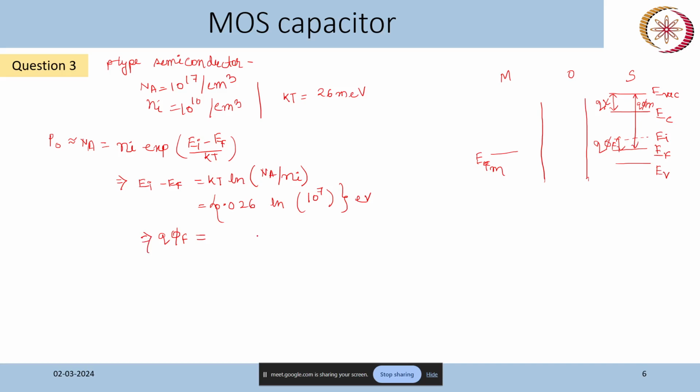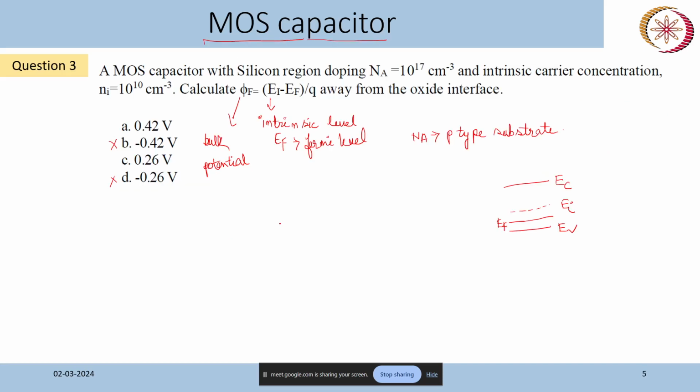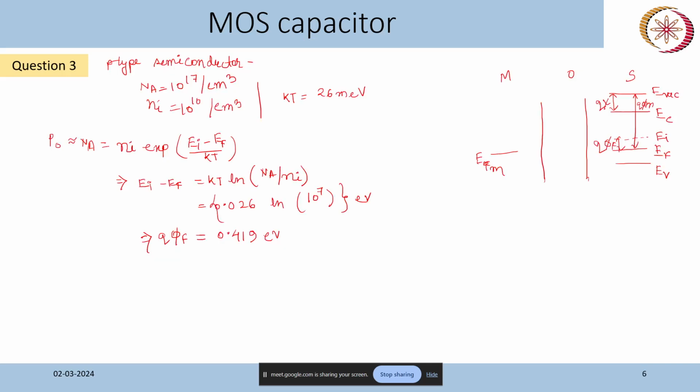So the answer will be 0.419 electron volt. In the question we have to calculate in terms of volt.